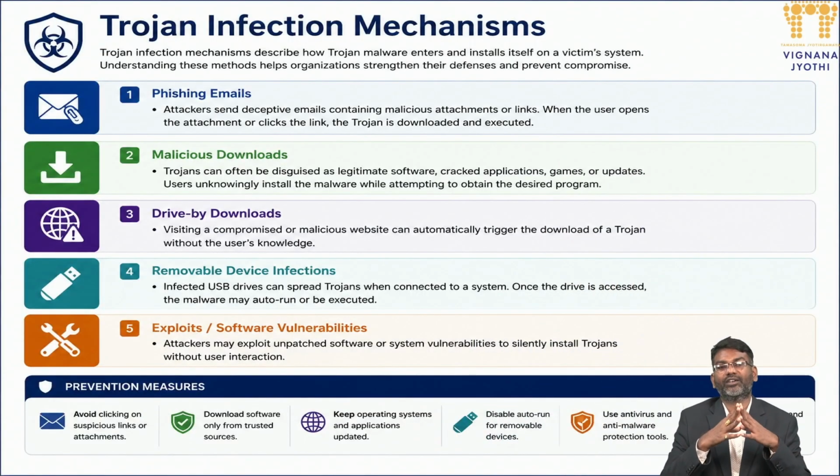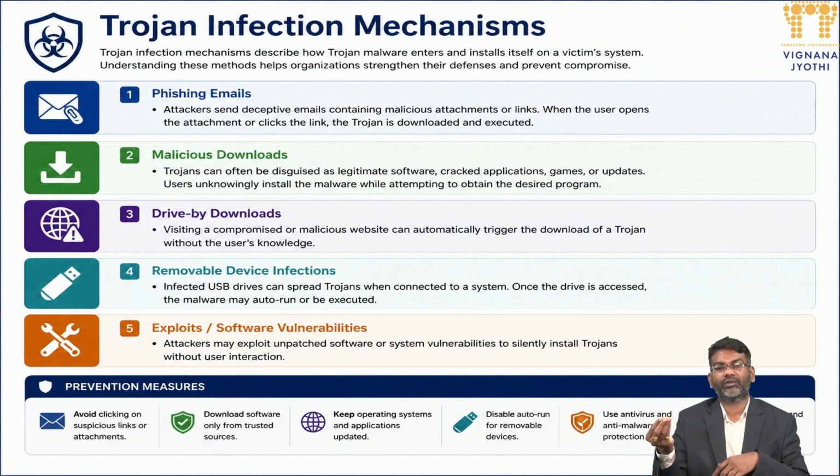Let me go with the Trojan infection mechanism, how they are going to affect my own system resources. It mainly discusses how this malware enters the system via multiple paths. They may come from any sort of flash memories we are using. Knowingly or unknowingly, I may use a pen drive on my system, and it may affect the system resources if it has a Trojan.